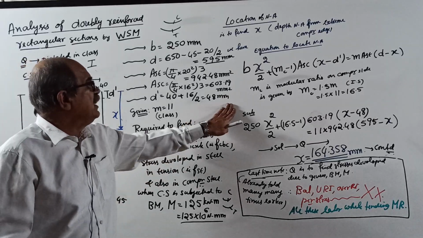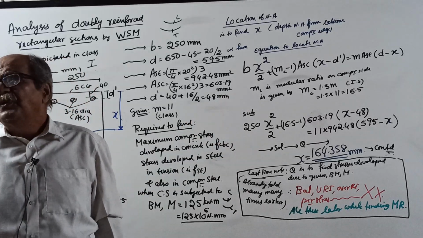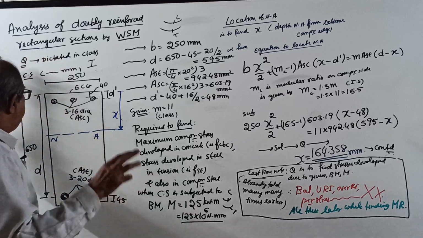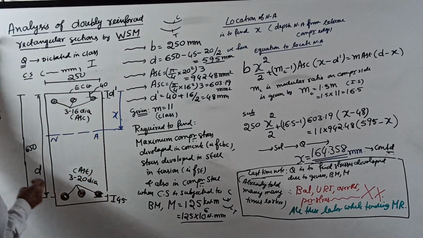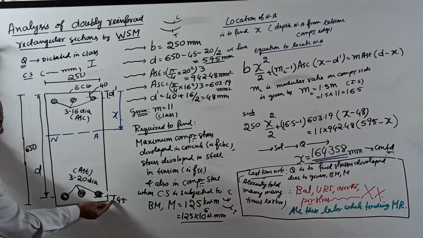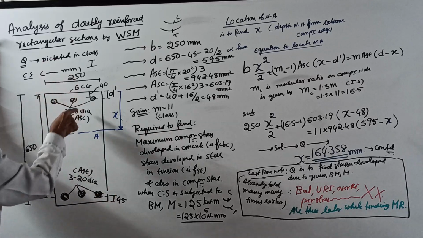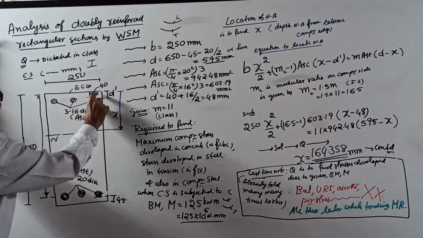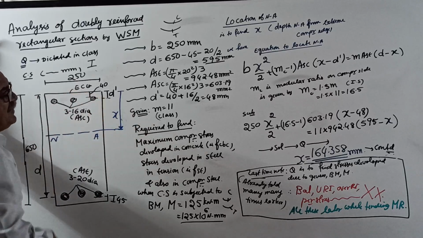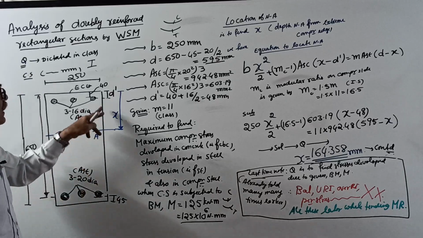Here strength is not counted. The beam is reinforced on tension side by 3 bars of 20 mm diameter at a clear cover of 45 mm, and compression side by 3 bars of 16 mm diameter. Here clear cover is 40 mm. Just I am changing the cover.